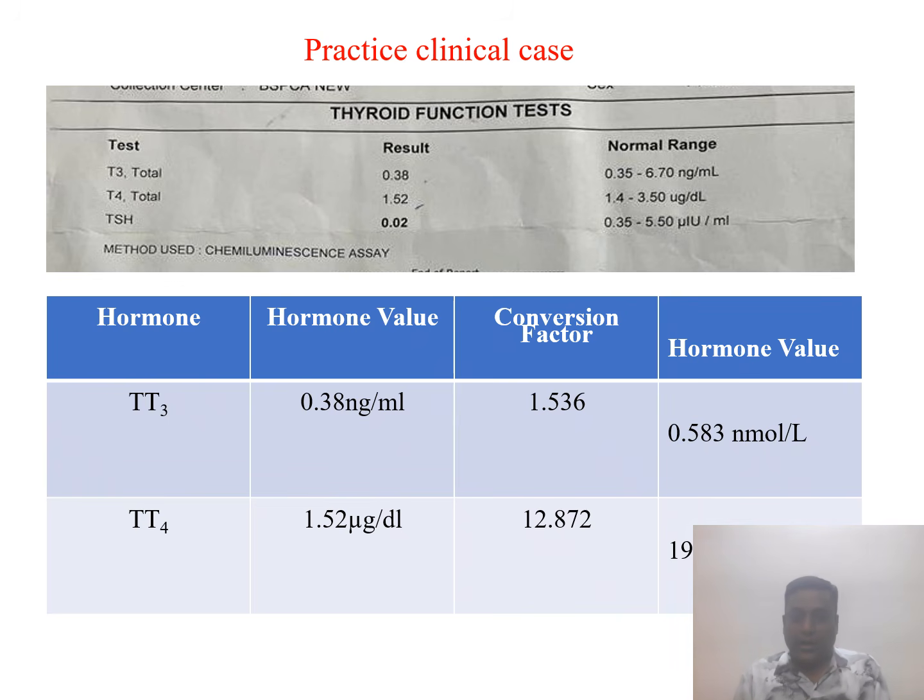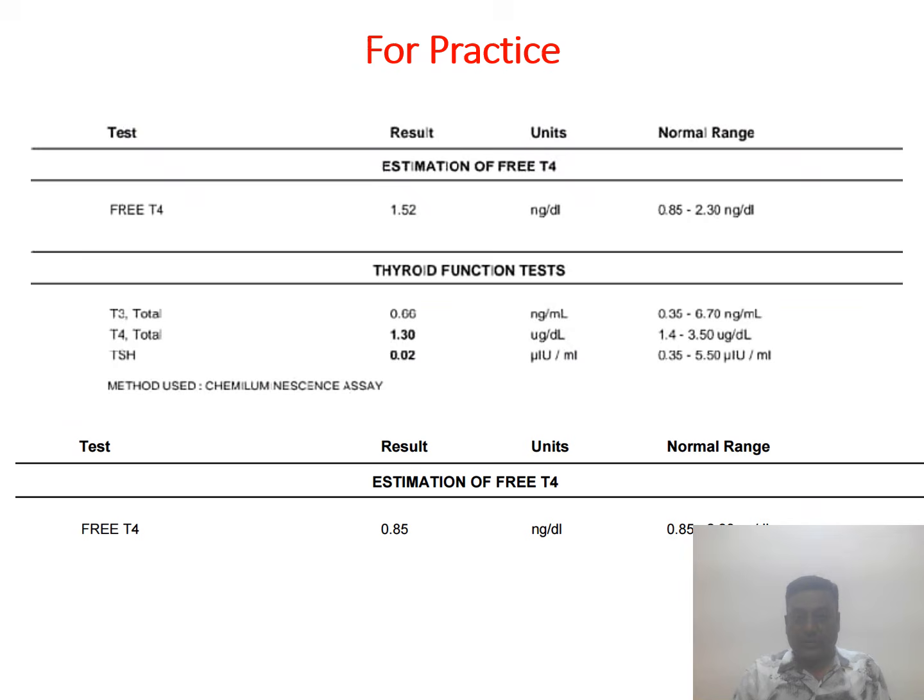But if we are getting the report in ng per ml or microgram per dl, then you need to do a conversion of the unit. Here I am not discussing TSH. Today we are discussing total T3, total T4 and FT4, which I commonly use in my veterinary endocrinology practice to give my opinion on thyroid dysfunction in patients.